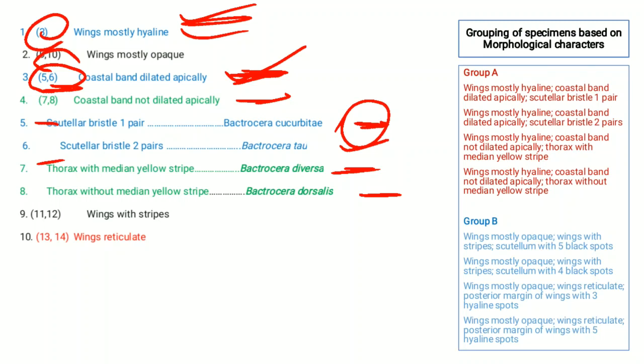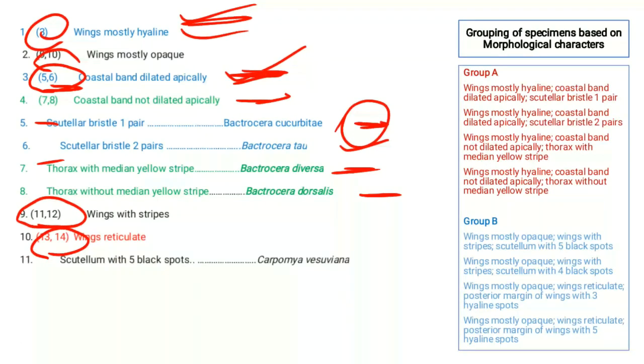The numbers mentioned in front of 9 are 11 and 12. So we know that the couplets for wings with stripes are mentioned at 11 and 12, whereas the couplets for wings that are reticulate are mentioned at number 13 and 14. So let's see.